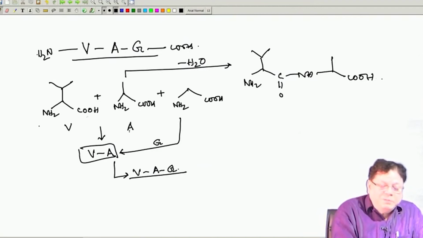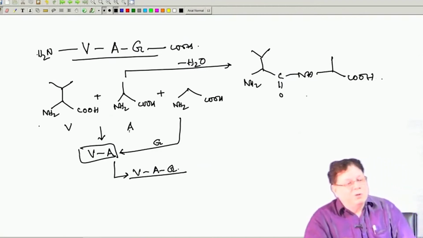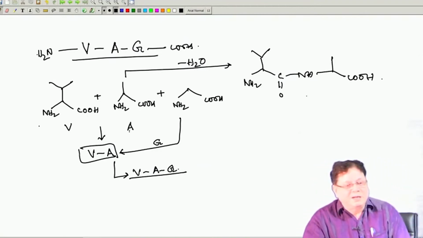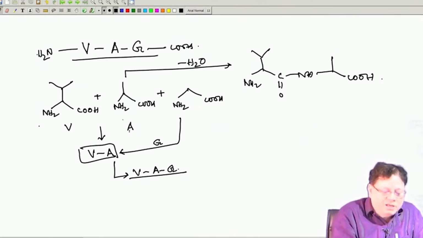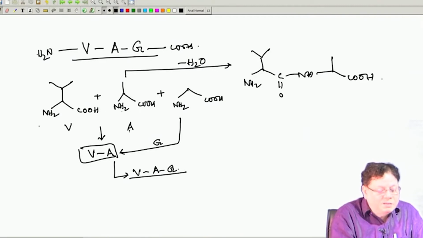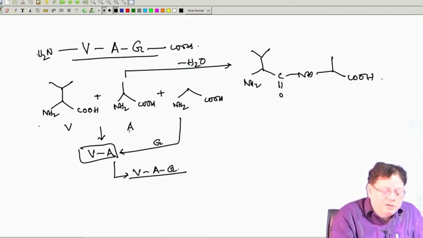I told you that the peptide bond formation is thermodynamically very favorable. The delta G is highly negative. However, there is an enormous kinetic barrier to do this reaction. That is one problem. You cannot just mix these two and just remove water from this. That is problem number one.